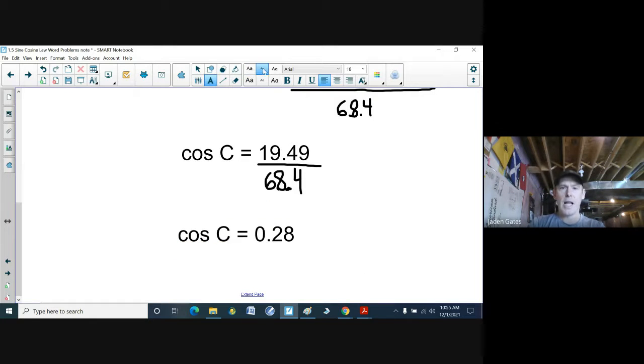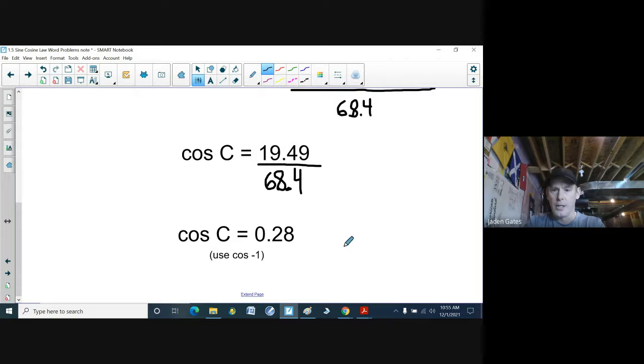All right. Now our last step. We have the decimal. We want the angle. So that's where we're going to have to use cos inverse. And so in my calculator, I'm going to find my big angle C here.